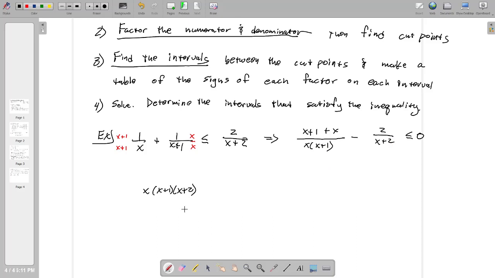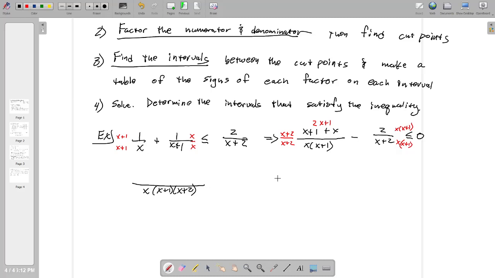So this here is, of course, 2x + 1, because we combine the like terms, which would be x's. Now, this fraction is missing x + 2 in the common denominator. So I need to multiply by x + 2 top and bottom. And this fraction is missing x times (x + 1) top and bottom.